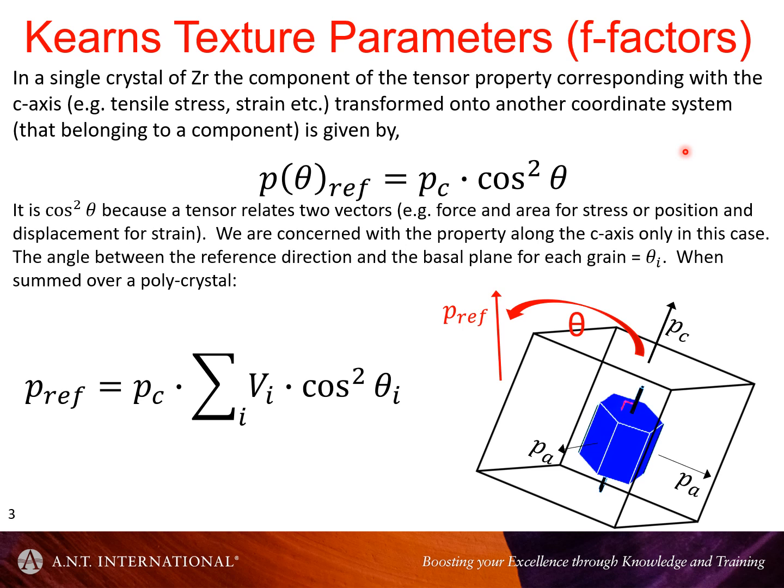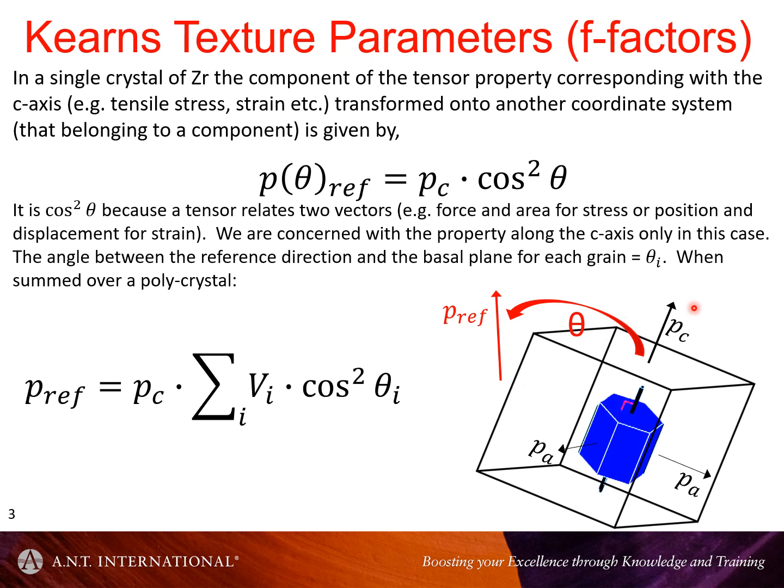So what Kearns was doing was simplifying what in effect is a tensor transformation, a transformation of axes. You're going from an axis system which is a single crystal here into an axis system which defines the component.